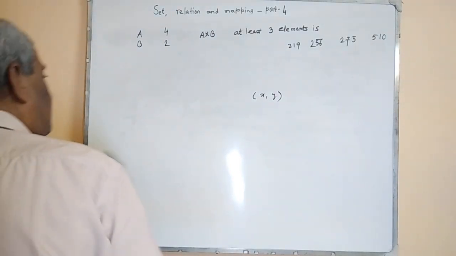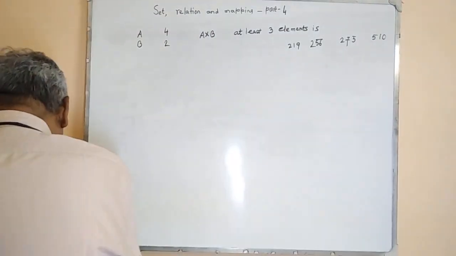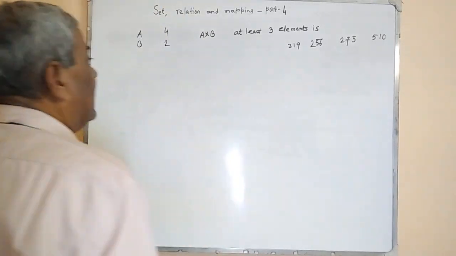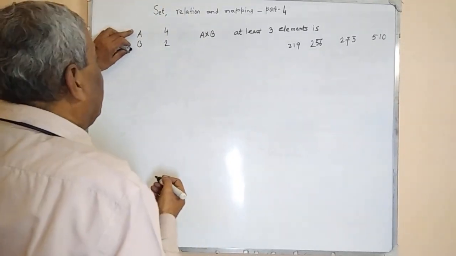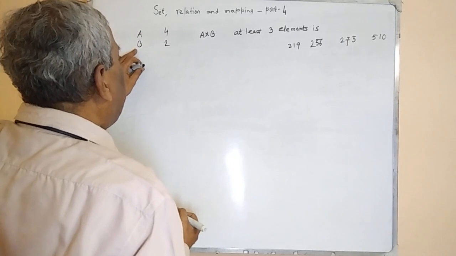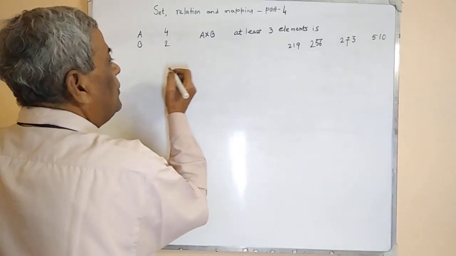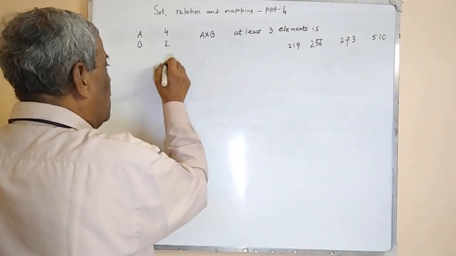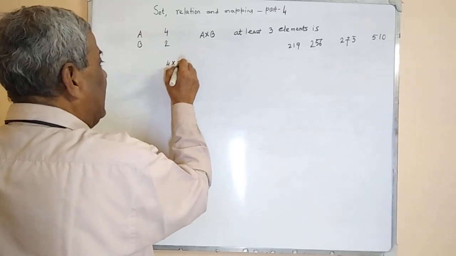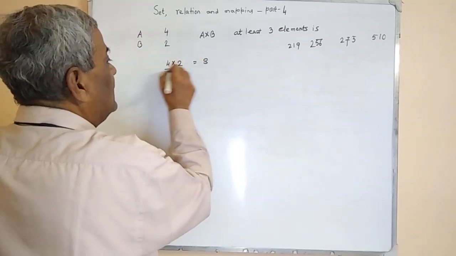So let us see how many elements are there in A cross B. A has 4 elements, B has 2 elements. So 4 into 2, that is 8 elements are there.